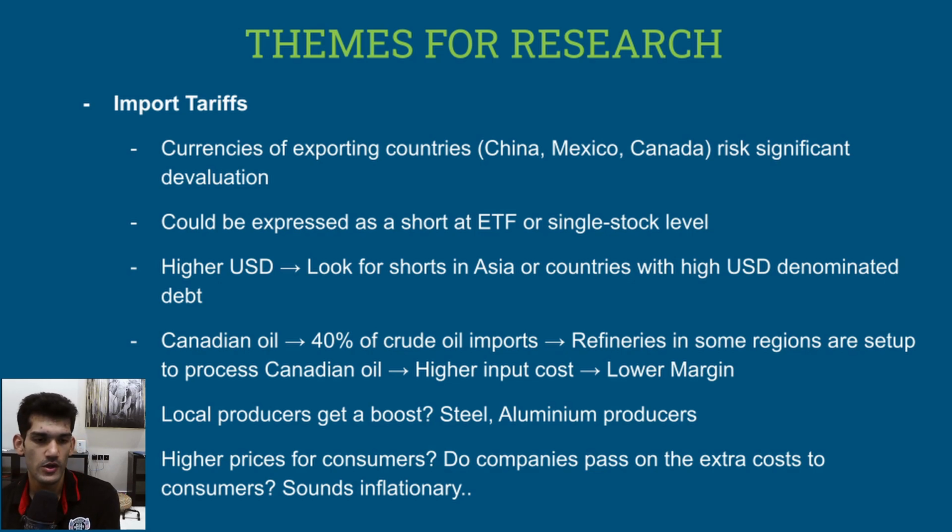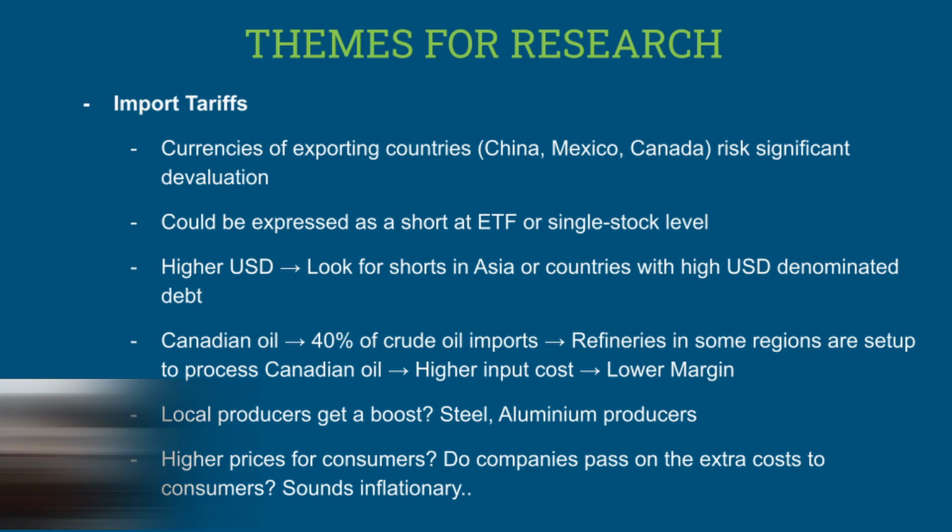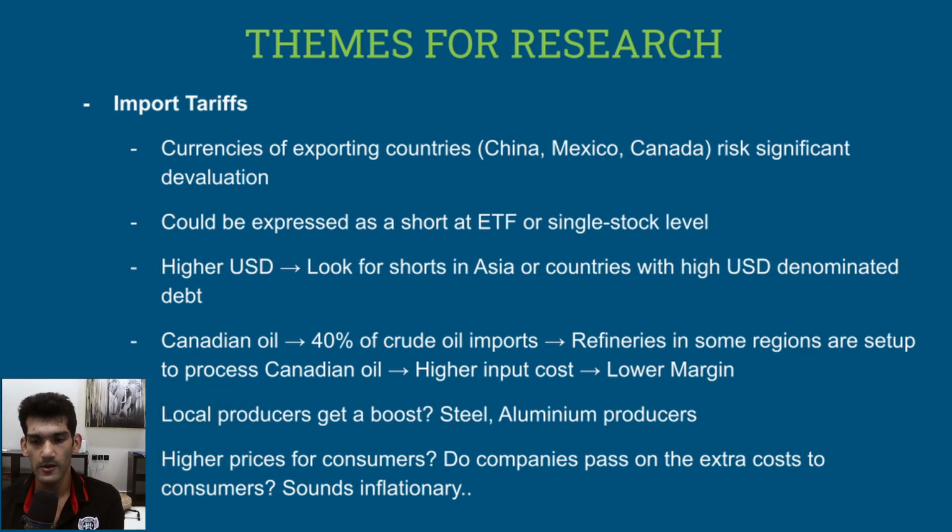So with China having its own issues, and also the US probably going to be a lot harsher on Chinese trade, I think this is going to give a good boost to local producers. So a lot of these companies would be able to maybe command higher margins. And definitely these are companies to watch out for, because the share prices could rise quite significantly from here.